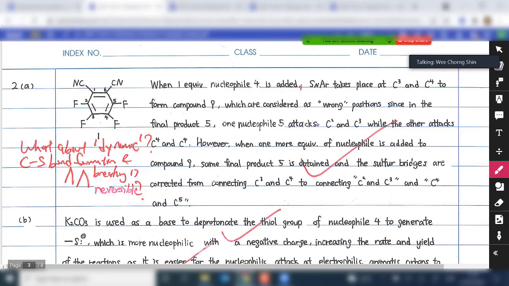So this is what was written by your classmate. When 1 equivalent of this is added, this takes place at 3 and 4. Then it is considered the wrong position. Then 1 nucleophile attacks. So it's a description while the other attacks. However, when 1 more equivalent is added, then the same product forms, and the sulfur bridges are corrected. Yeah, so no problem. But the dynamic part is not addressed.